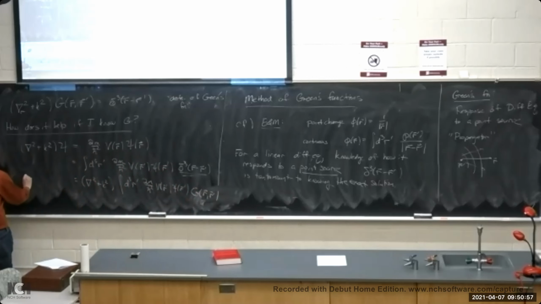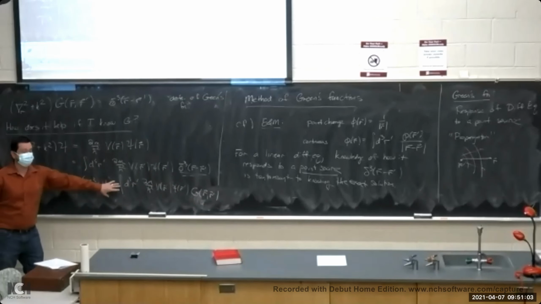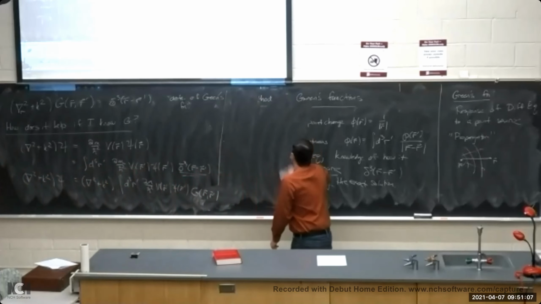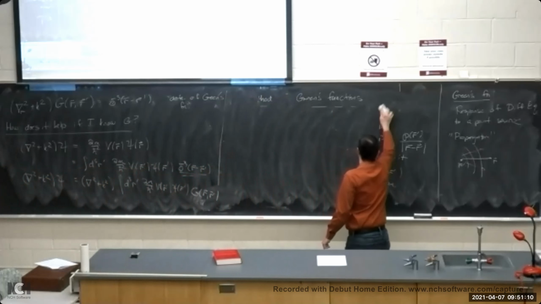Now on the left-hand side, I have that operator acting on psi. On the right-hand side, I have the same operator acting on something involving the Green's function. If I put them together, then that operator acting on the combination gives me 0.